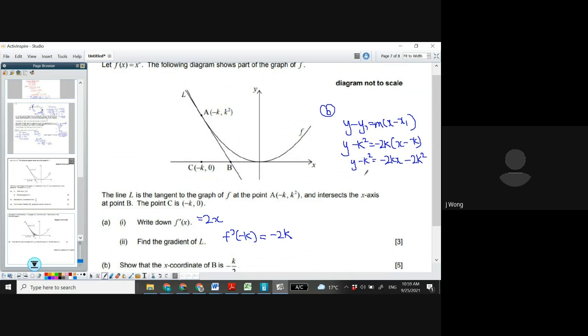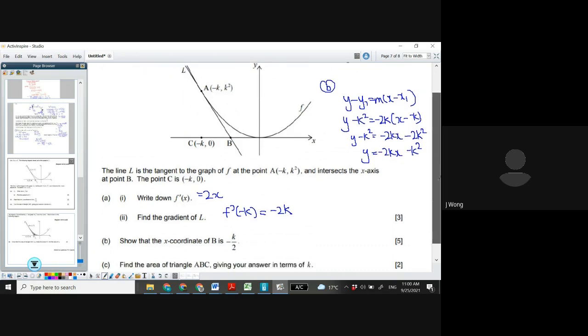Okay, so we'll have y equals minus 2kx minus k squared. And then you could use it by making y equal to 0. So 0 equals minus 2kx minus k squared, so k squared equals minus 2kx. So make x the subject: k squared divided by minus 2k, x is minus k over 2, which is indeed what we have.